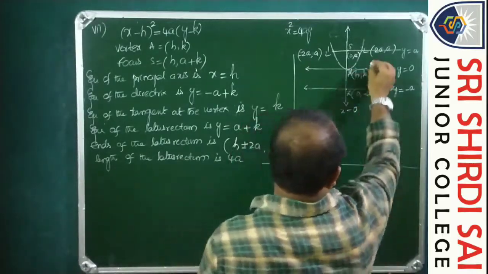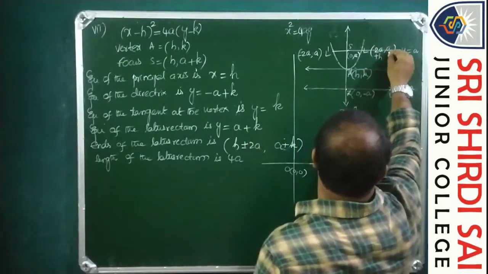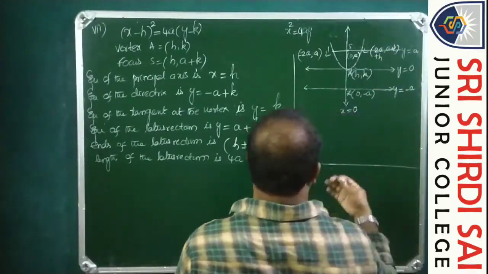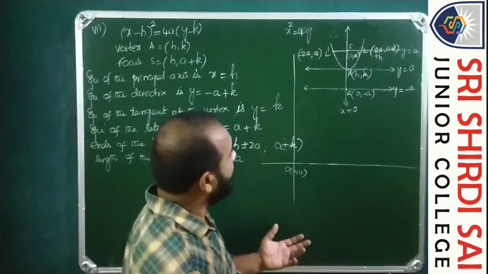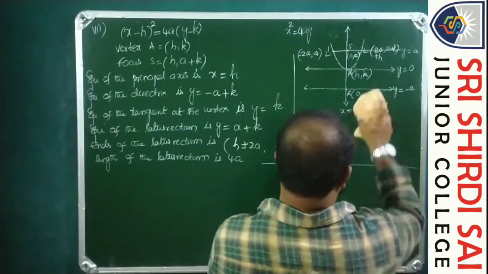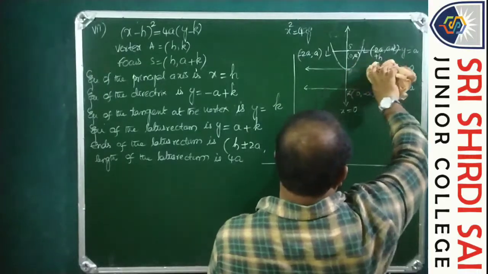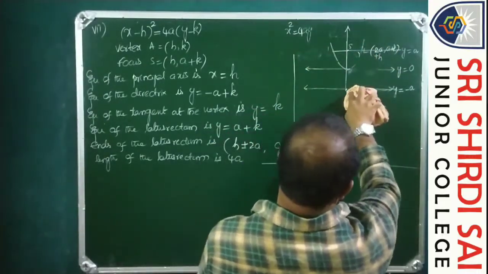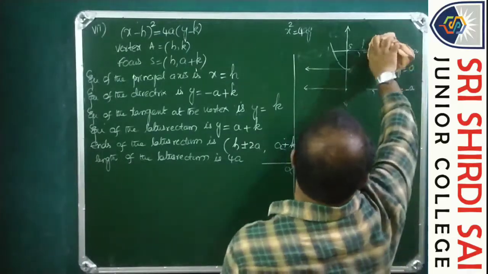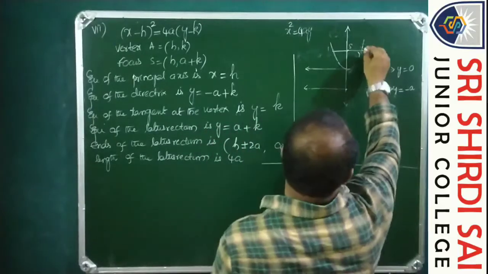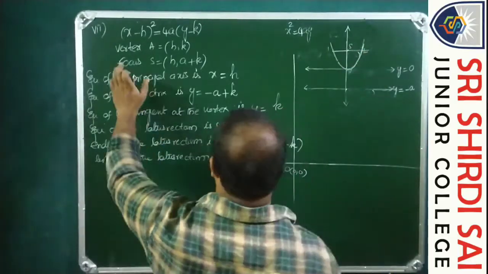That is why here it will be h and this will be added with k. Everything will be changed like that. So this is the diagram, and the points are these that I have written. So this is the diagram of this parabola.